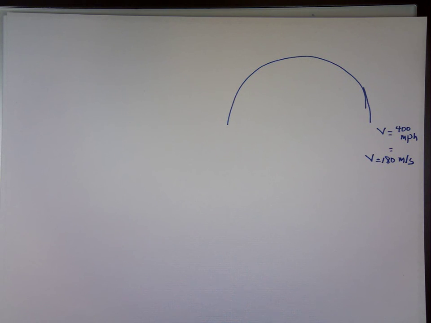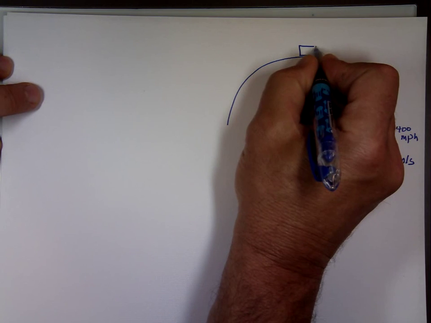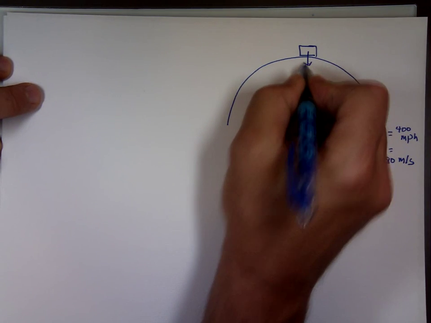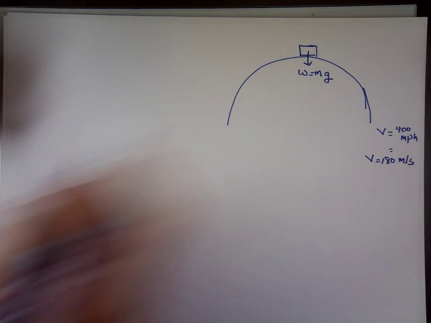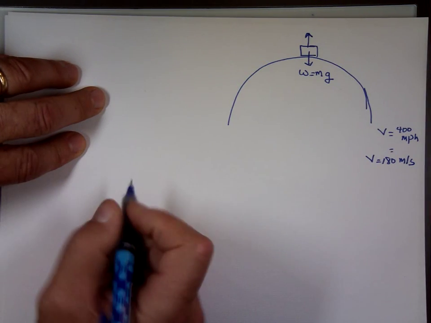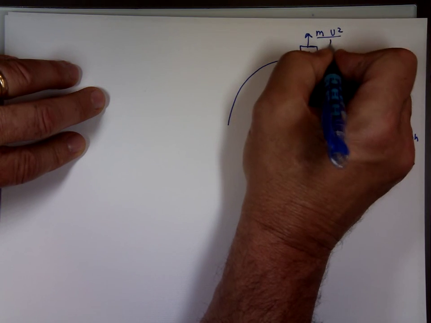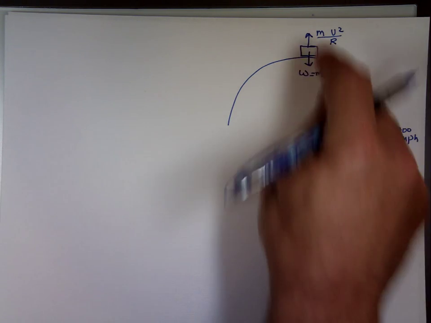When you're on top of that, to create zero gravity, you've got your weight, which is mass times gravity, and you also have the centripetal force pushing upward, mv squared over r. So when you're at the top, if you want to create zero gravity, you want to make sure these forces are equal to each other.